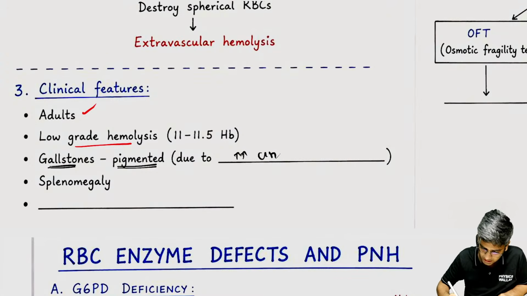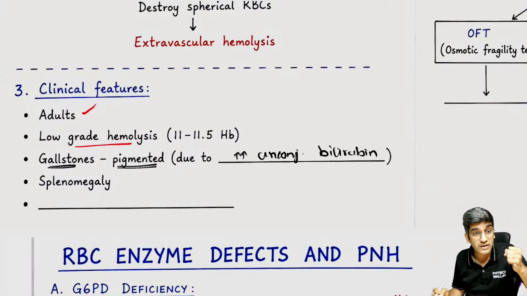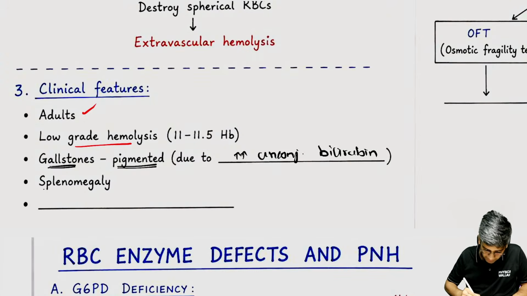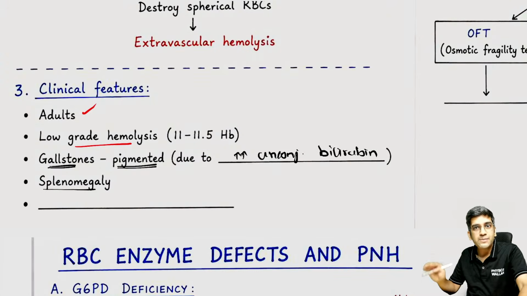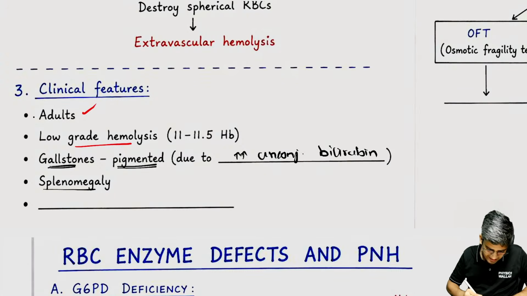So unconjugated bilirubin increases, and over the period of years accumulates in the gallbladder and produces pigmented gallbladder calculi, and splenomegaly will be there. Anemia will not be the presenting feature. Pigmented gallbladder calculi, splenomegaly, adult. This triad is enough for me to call it hereditary spherocytosis.